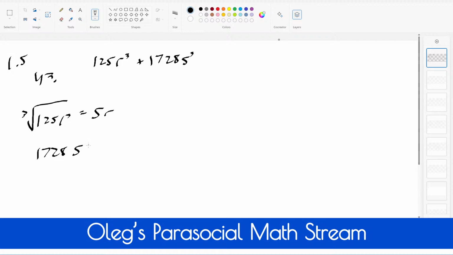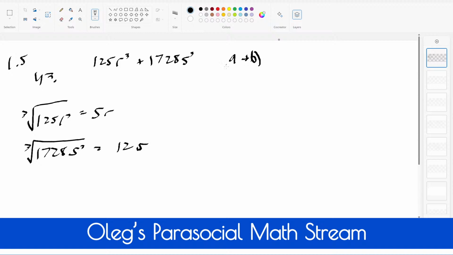For 1728 s to the third power, I have a feeling that's probably 12 to the cube root. Let's try 12 times 12 times 12. That's the one. So if we cube root that, it's 12s.